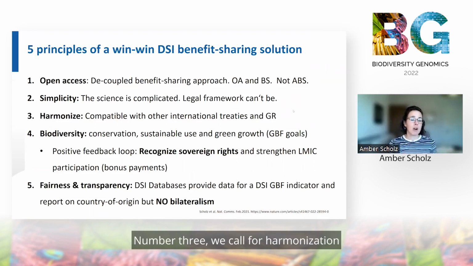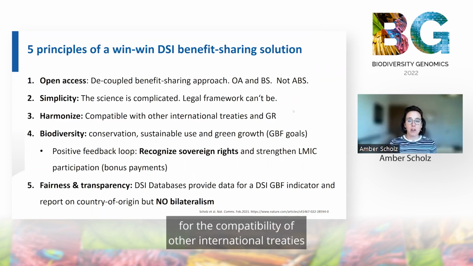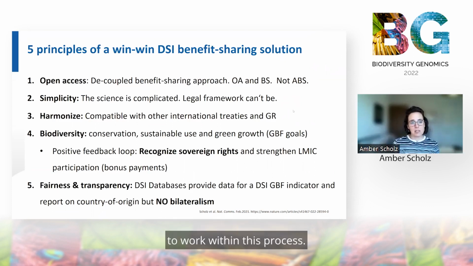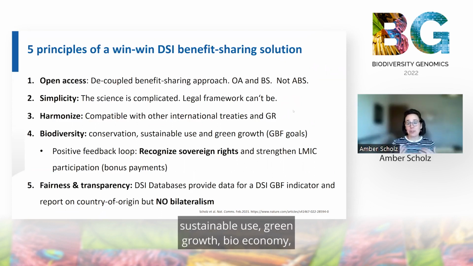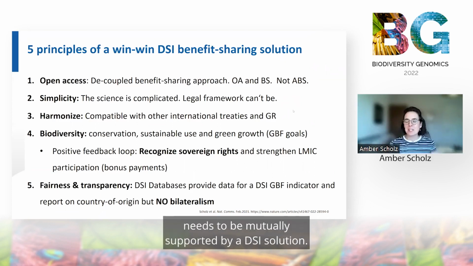Number 3, we call for harmonization, for the compatibility of other international treaties to work within this process. We also think that biodiversity conservation, sustainable use, green growth, bioeconomy needs to be mutually supported by a DSI solution.